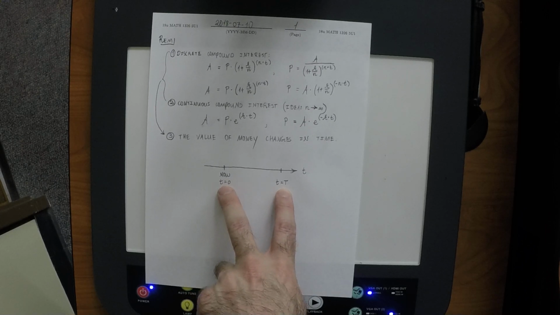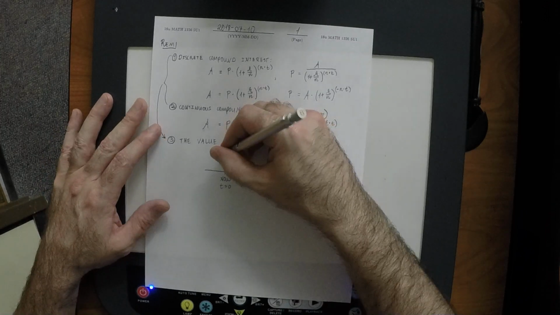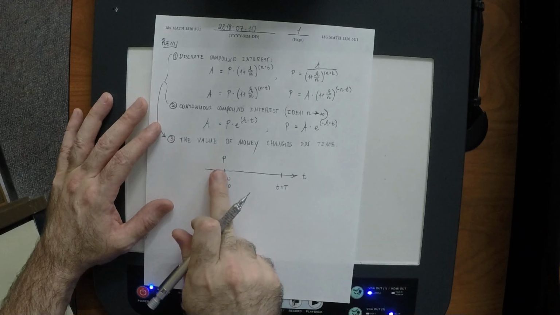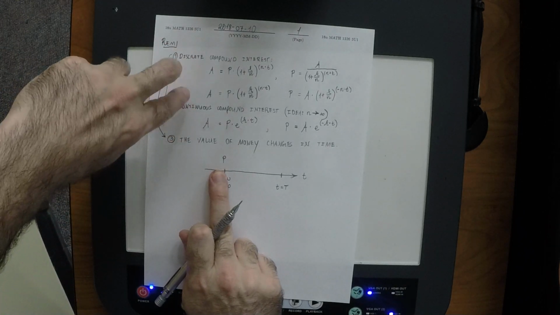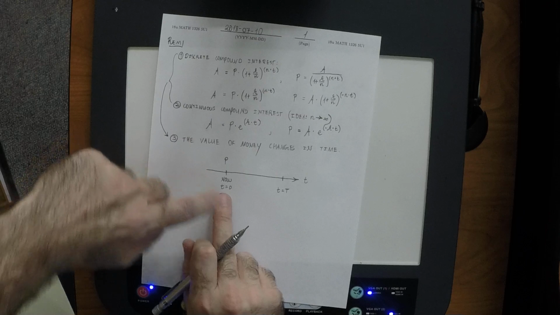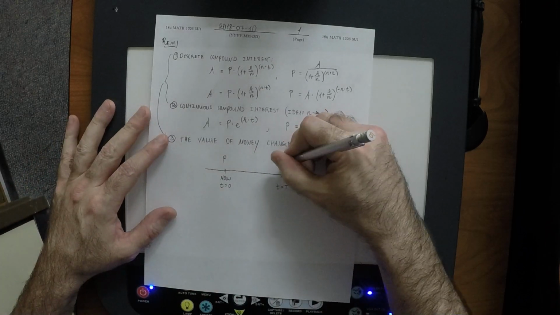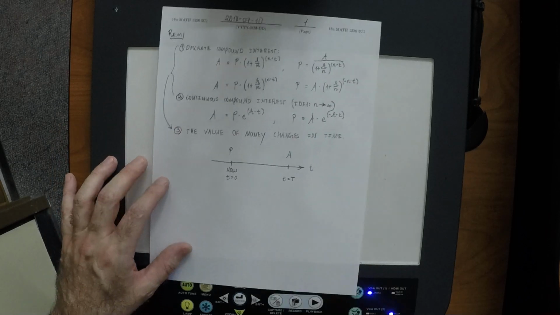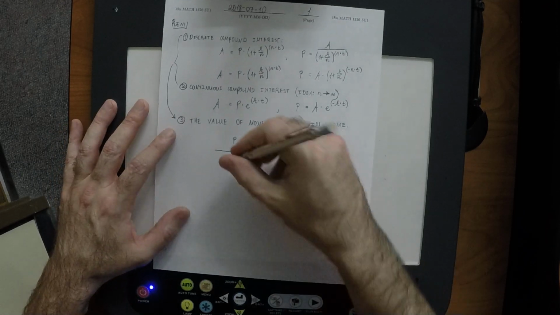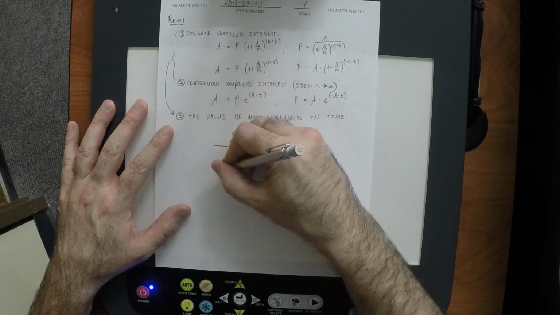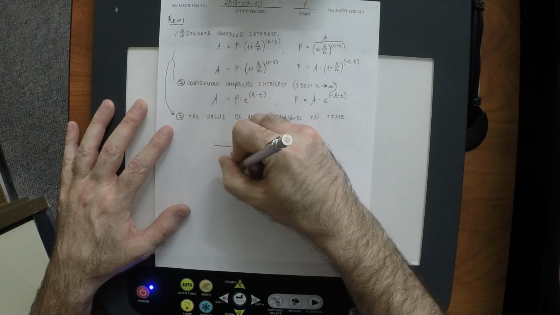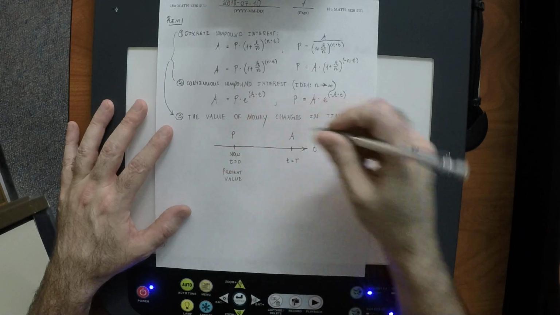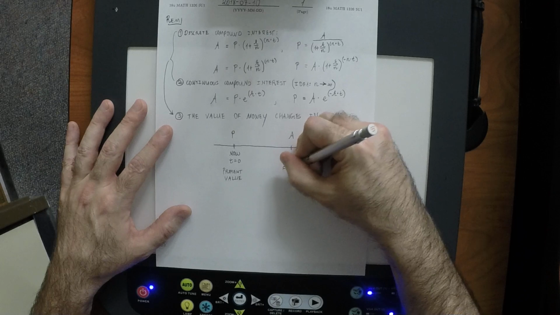But more or less, the way it works is that here is P in both of these models. So P is here now, and this value, A, is over here. The name for this is the present value. And the name for this one is the future value.